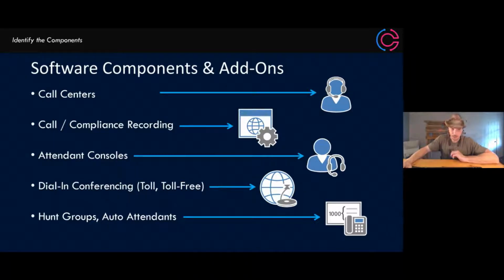And then lastly, hunt groups and auto attendants. These are capabilities that are usually present on your PBXs as they already exist. Maybe if you're in Skype for Business, you have response groups in there, and you've been using auto attendants with Exchange. There's a great number of ways that these two concepts are implemented and provided by different vendors.